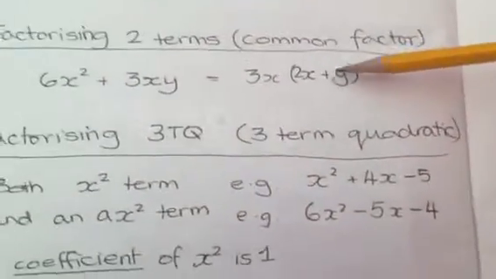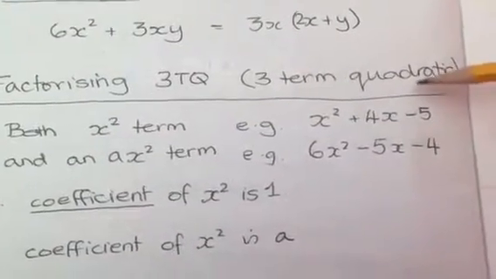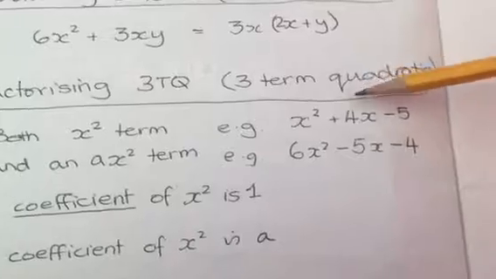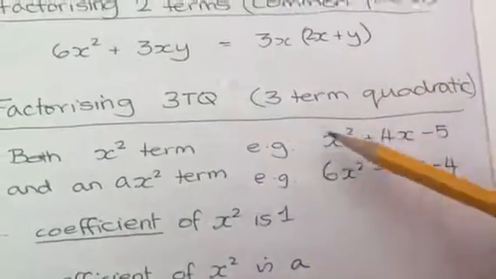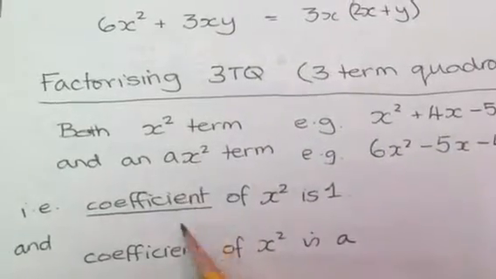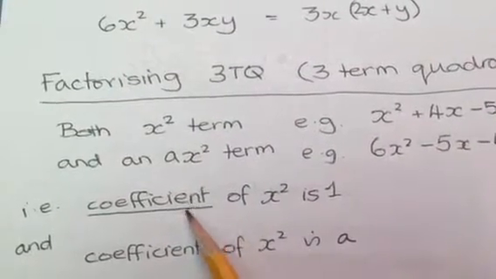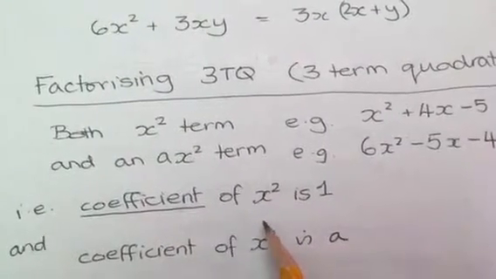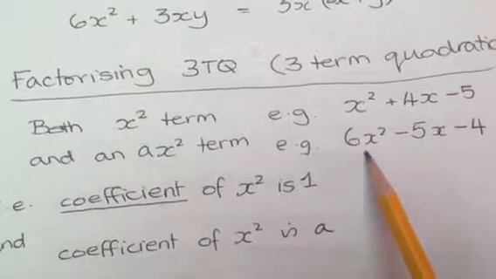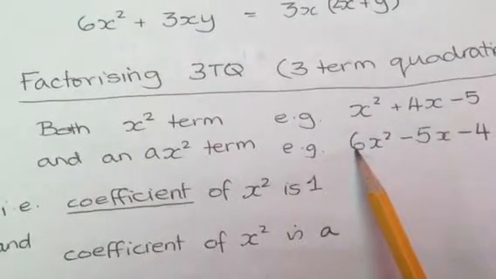And then the three-term quadratic is the normal sort of factorising, and you need to be able to factorise both versions, both where the coefficient of x squared is 1 and the coefficient of x squared is a, and this again is a word that you need to know. So the coefficient of x squared is the number in front of it. So here the coefficient of x squared is 6.